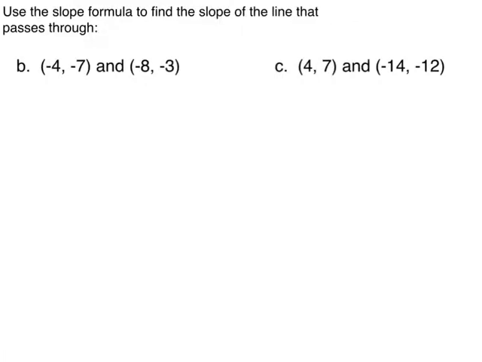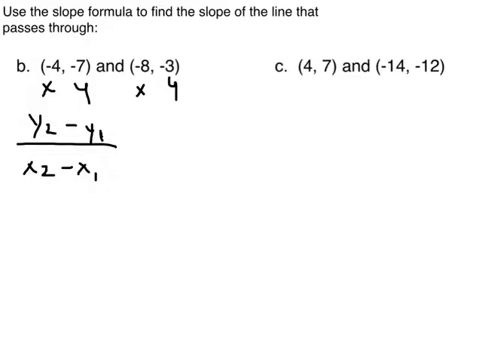Okay, B and C say use the slope formula to find the slope of the line that passes through the given points. Slope formula: y of the second minus y of the first over x of the second minus x of the first. This is y and x, y and x.